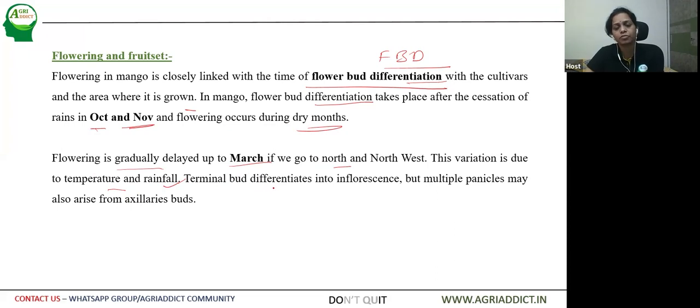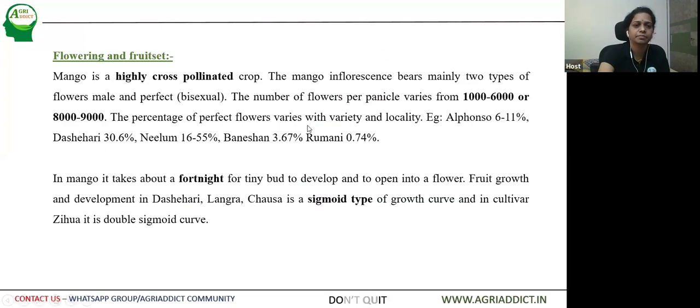These plants cannot flower because the roots may get chilled, so until the temperatures rise, we cannot expect flower bud differentiation. Then the terminal bud of each shoot develops into an inflorescence, but multiple panicles can also arise from the axillary buds. It depends on the variety.